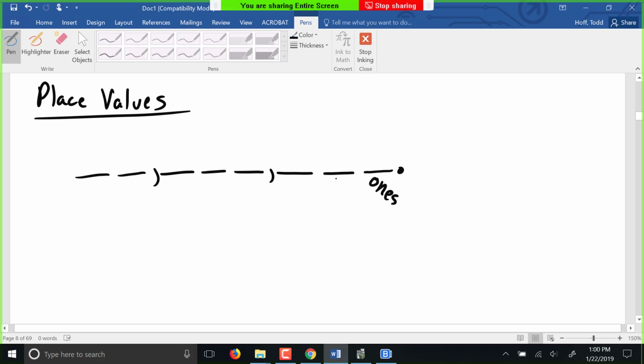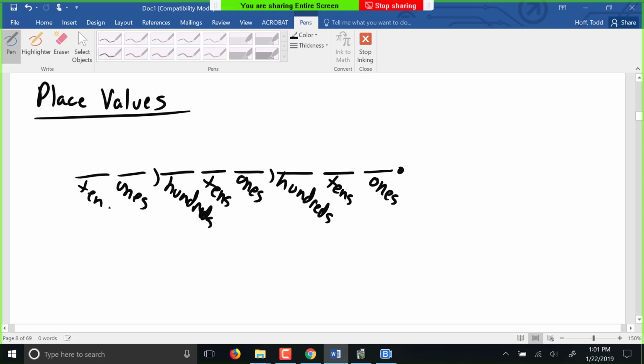What's next? Tens and hundreds. And those are actually our only 3 place values. They get repeated over and over. Ones, tens, and hundreds. Ones, tens, and hundreds again.